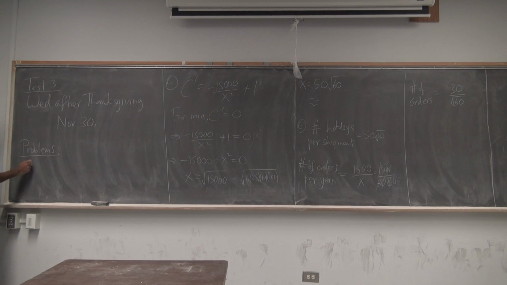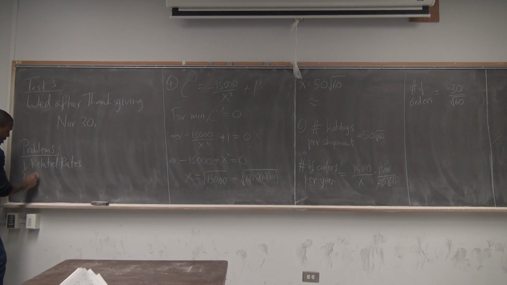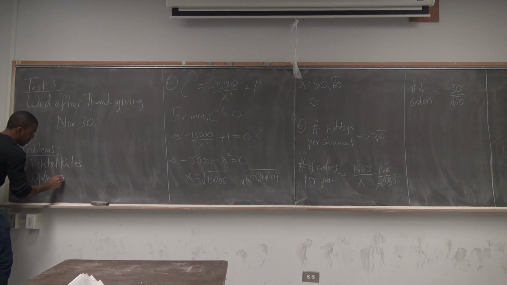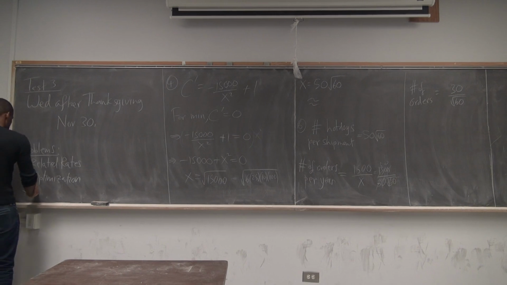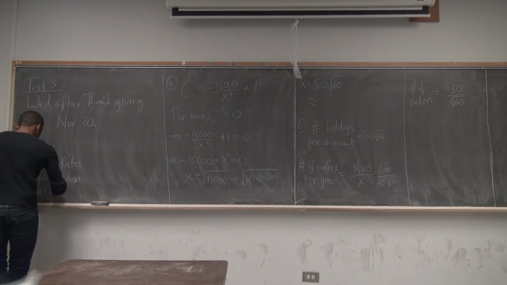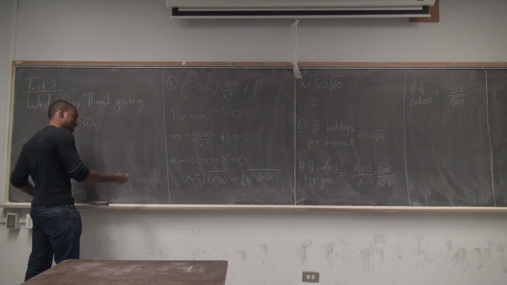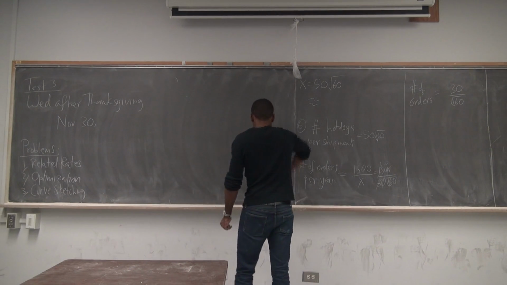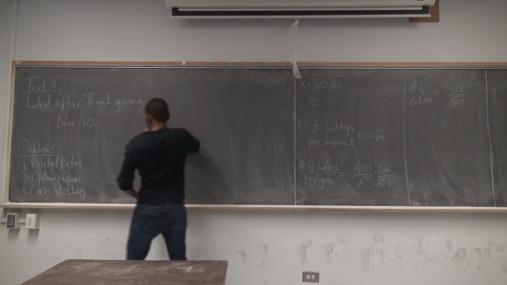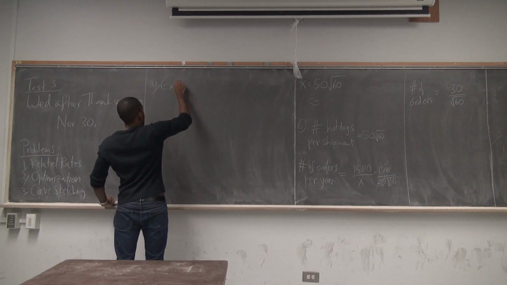Definitely you're going to have a related rates problem. You're going to have an optimization problem. Curve sketching: that problem's not going to have any parts to it. It's just going to be find all this stuff and sketch the curve. I will ask you about exponential growth and decay.